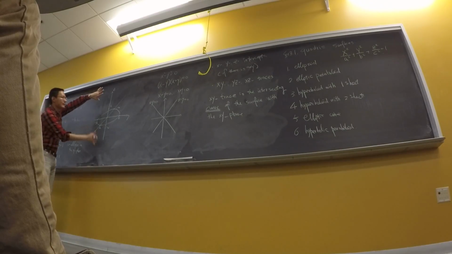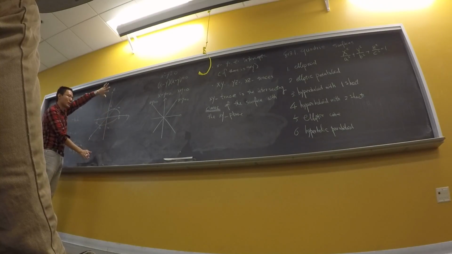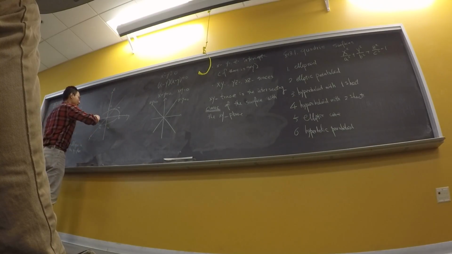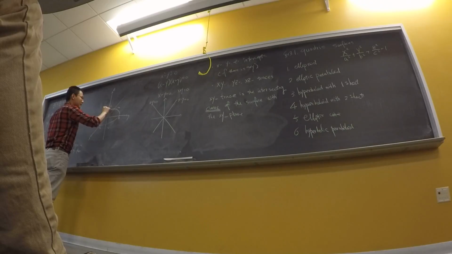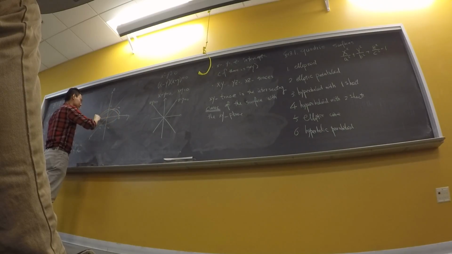The yz plane is the plane right here. So it's the orthogonal plane coming out of the board. So it's going to be this thing.